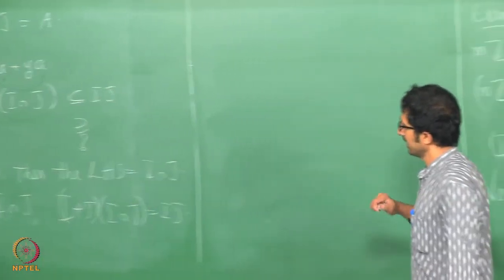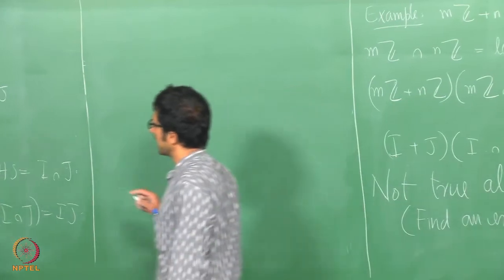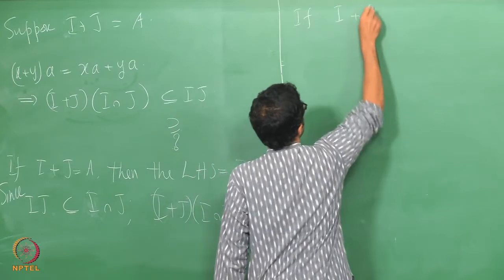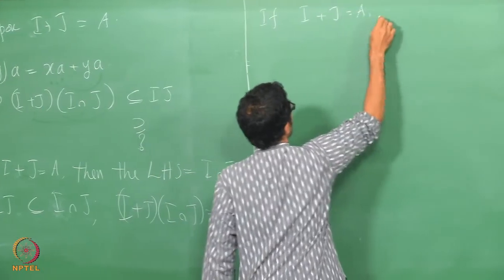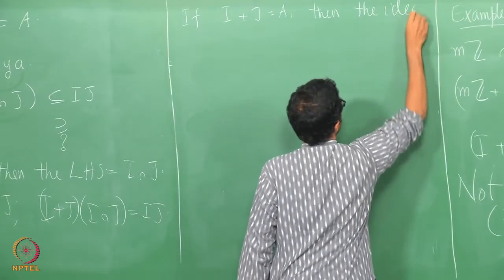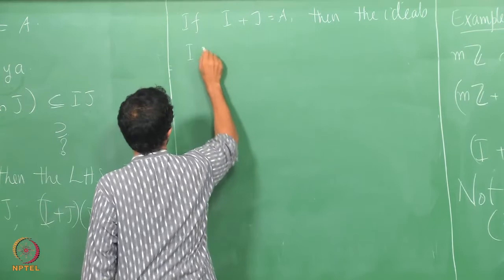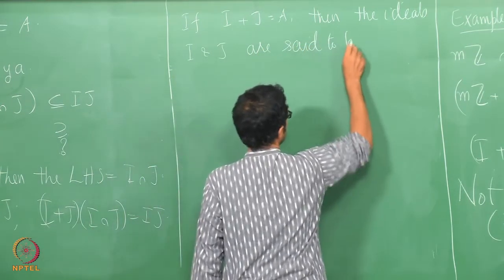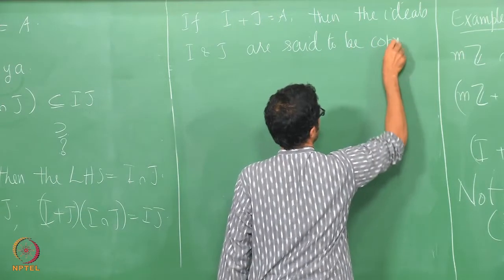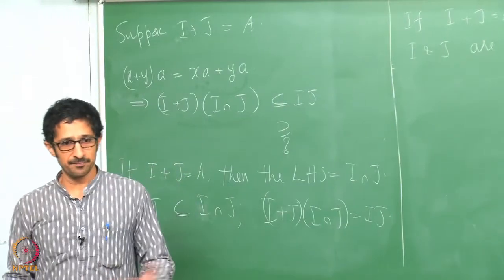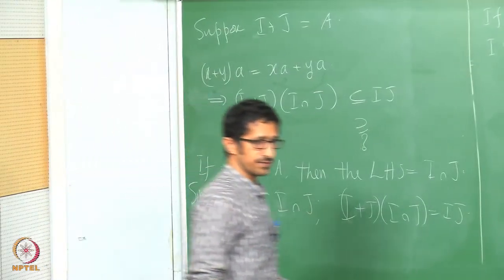Now if I and J sum up to A, then we say that the ideals are co-prime. If I plus J is equal to A, then the ideals I and J are said to be co-prime. So the terminology again came from the ring of integers.